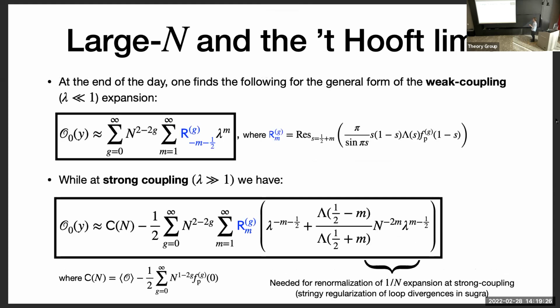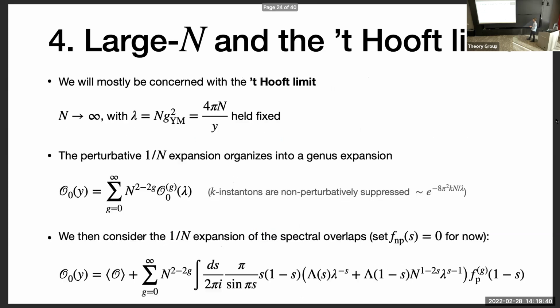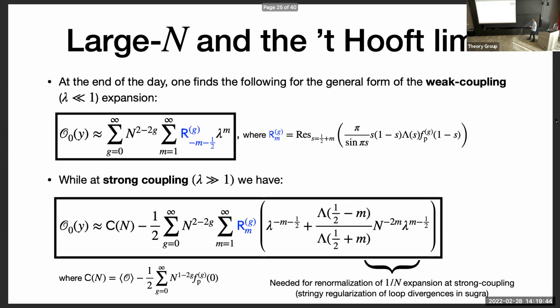So at the very end of the day, what you find is the following. As expected, the zero mode admits an expansion in the weak coupling limit that just proceeds in powers of lambda. And here the coefficient is just some residue function that you obtain by computing the residue of this quantity at the appropriate pole. Its explicit form doesn't matter, just know that it's some known residue function determined in terms of FP.